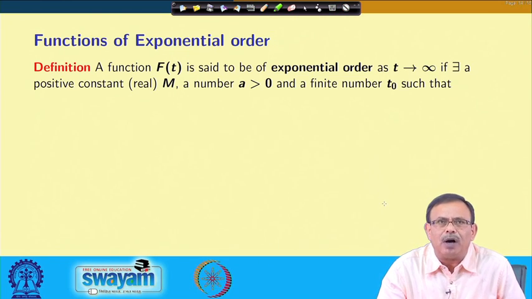Now come to the other one, that is a function of exponential order.